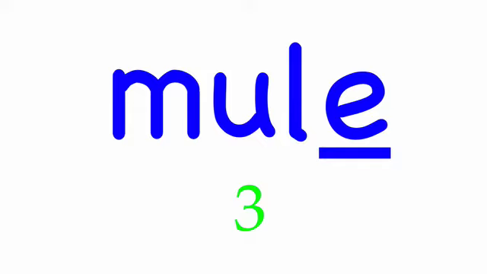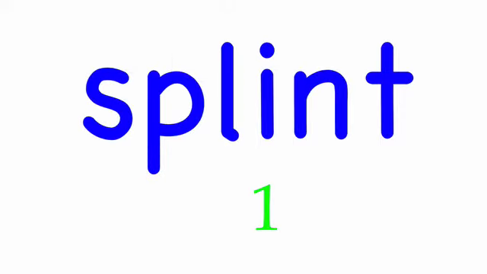The final word in row 1 is splint. Splint. Now this word has 6 sounds. S, p, ul, I, n, t. Splint. Remember, the key to spelling is that when you hear a word pronounced, you first identify the number of sounds embedded within the word.